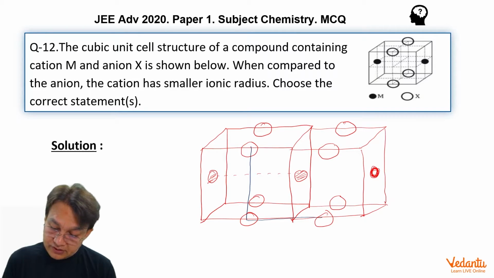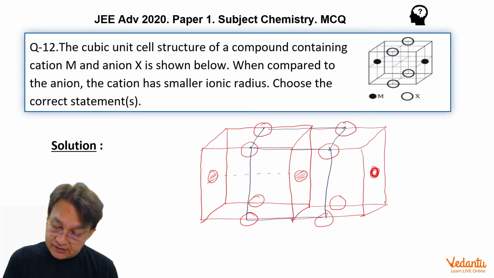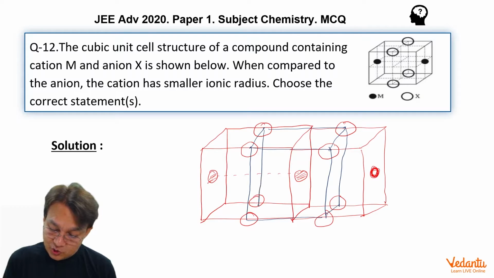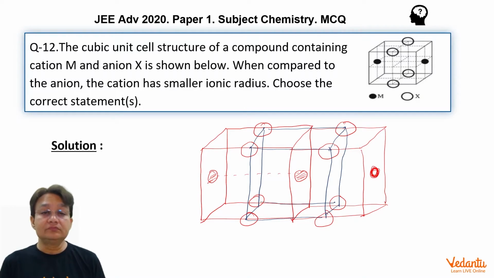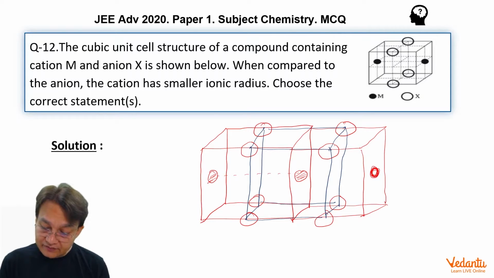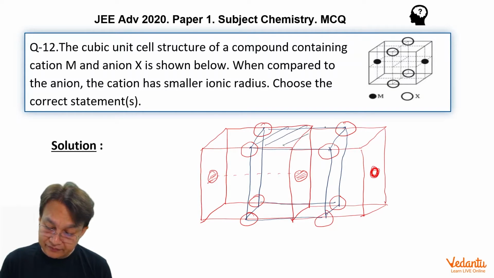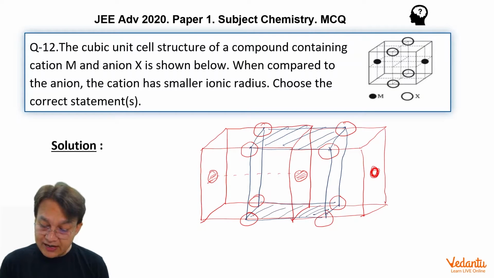If you just take this group of atoms, you will quickly recognize that this is a simple cubic unit cell, which you know. If you repeat this pattern, you will once again get the whole lattice.